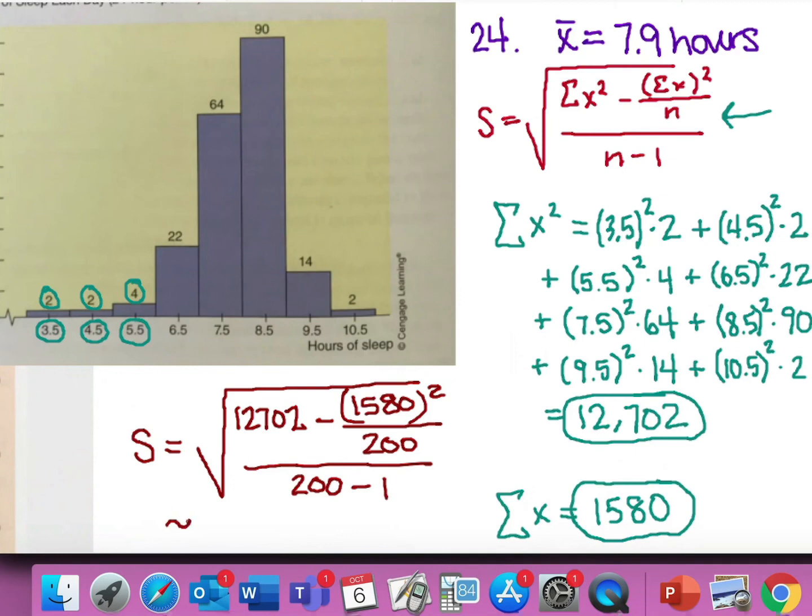You want to carefully type that into your calculator, and what that comes out to is 1.05. And the label on that would be hours, standard deviation.